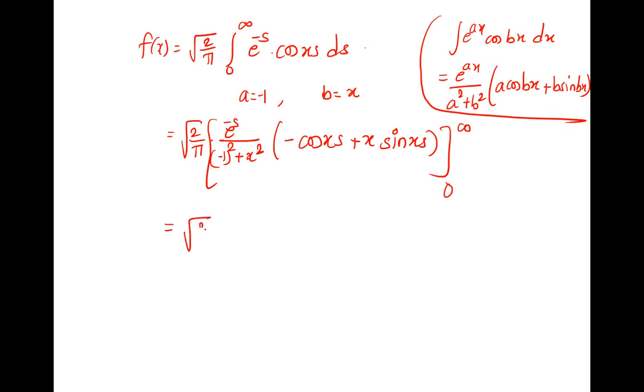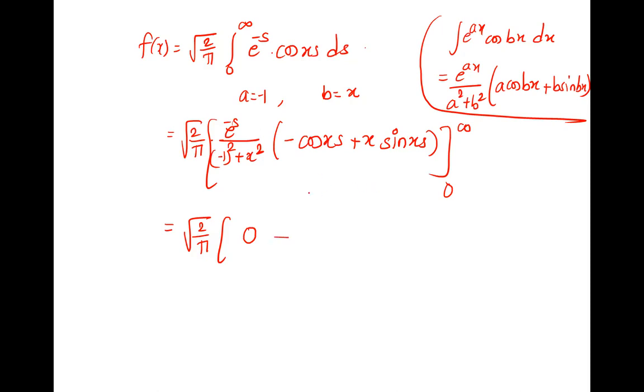Right, so we'll put the upper and lower limits. Over which variable are we substituting, s or x? s. If s is infinity, it becomes e raised to minus infinity, that is 0, so all those terms are 0.